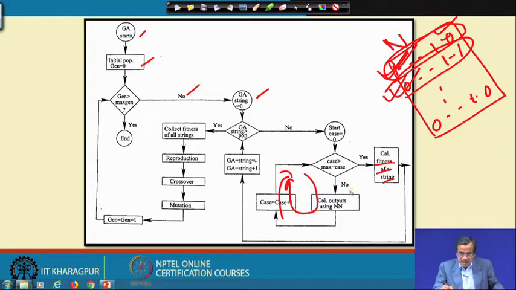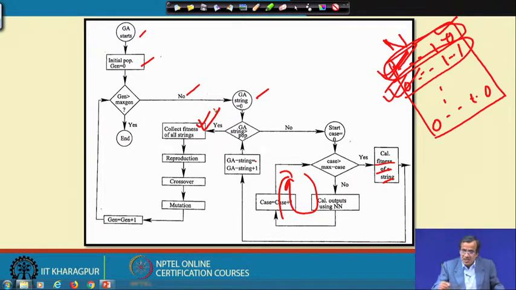For each training scenario, once again I will be getting the output, and you find out how much is the error, you sum them up, and you will get this particular fitness, which is nothing but the mean squared error. So, for the second G string I will be able to get that fitness value, and all such fitness values you just collect here.